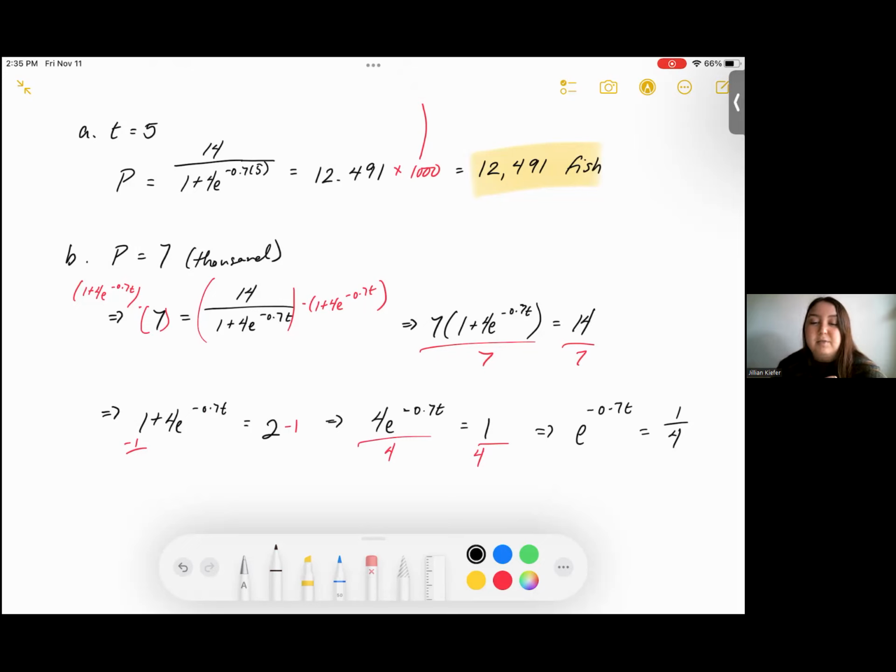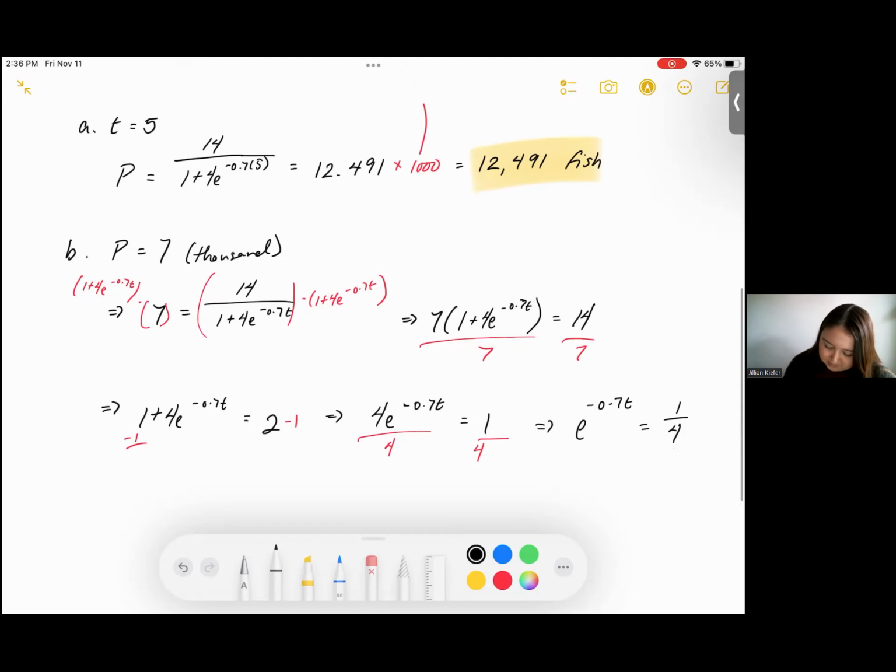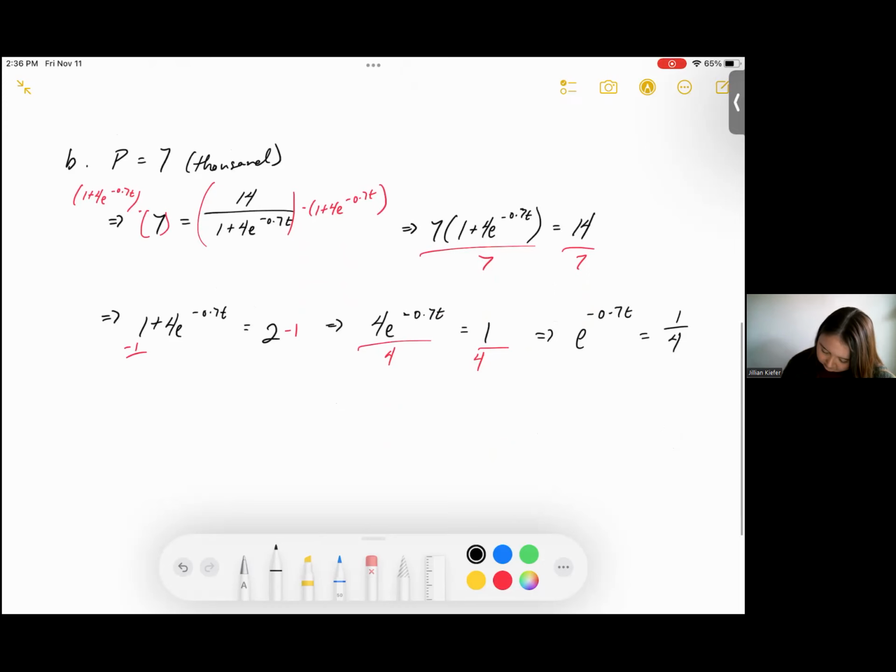So now that we have this written out, what we can do to get rid of the value of e and bring that exponent down from the exponent's place is to take a natural log of both sides. So we're going to go ahead and take the natural log of both sides. We'll have the natural log of e to the power of negative 0.7t is equal to the natural log of 1 over 4.